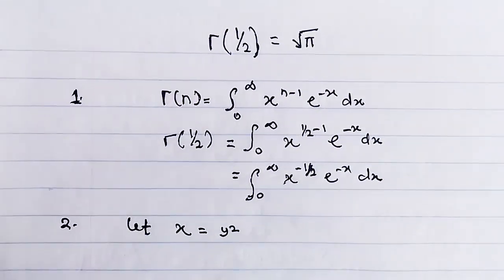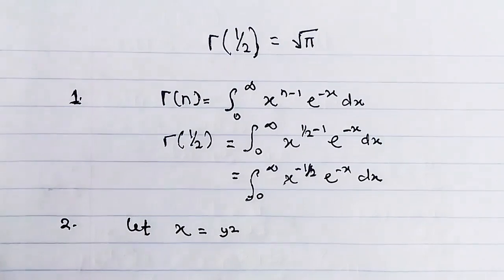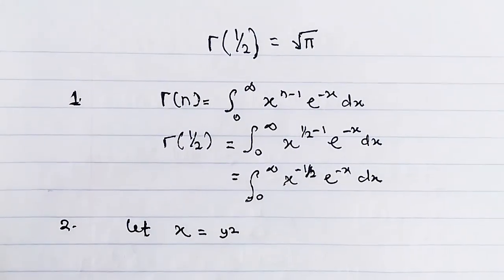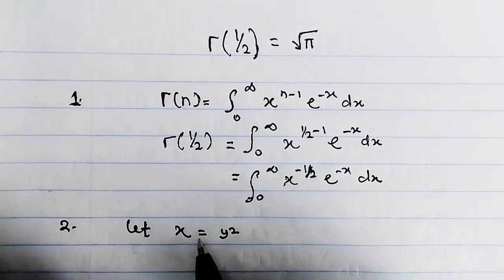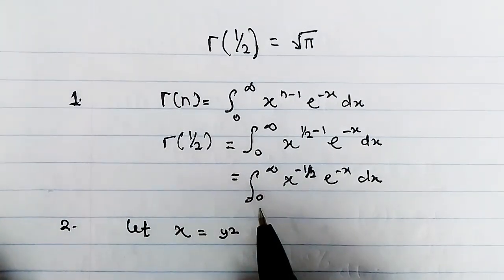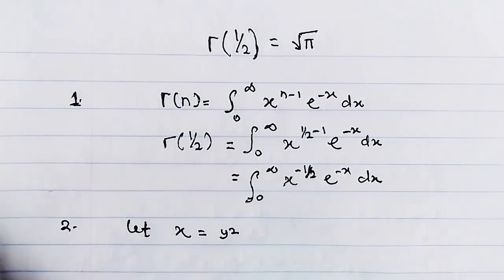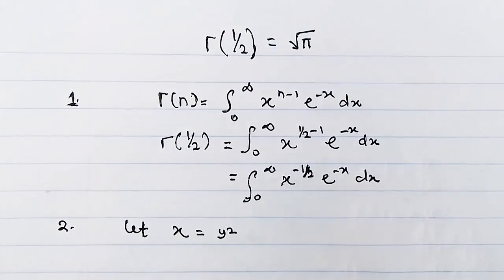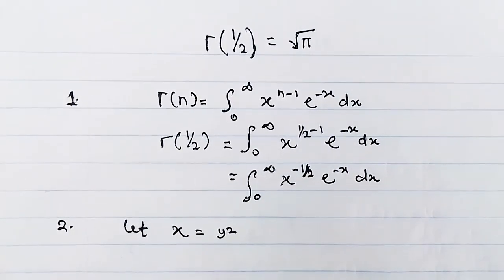I'll explain why I'm saying let x be equal to y squared: I'm trying to get an exponential of a powered function, because I know that an exponential of a powered function I can easily express in rectangular and polar coordinates. You really understand what I'm trying to say.